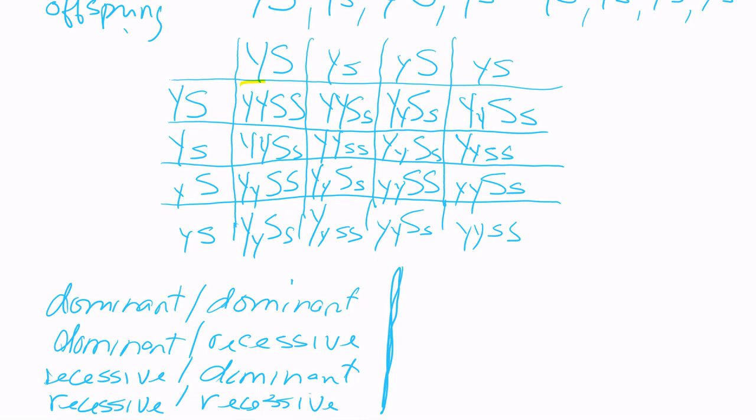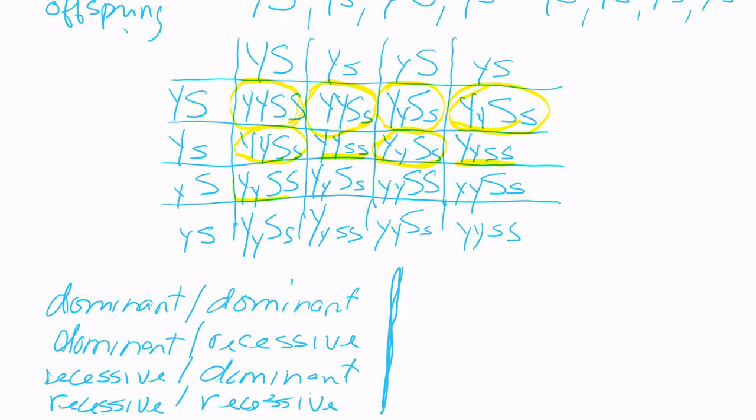So this one here is a dominant and a dominant, and so on. Likewise here we've got dominant and dominant. But here's a dominant and a recessive. Okay, another dominant and dominant, but another dominant and recessive.